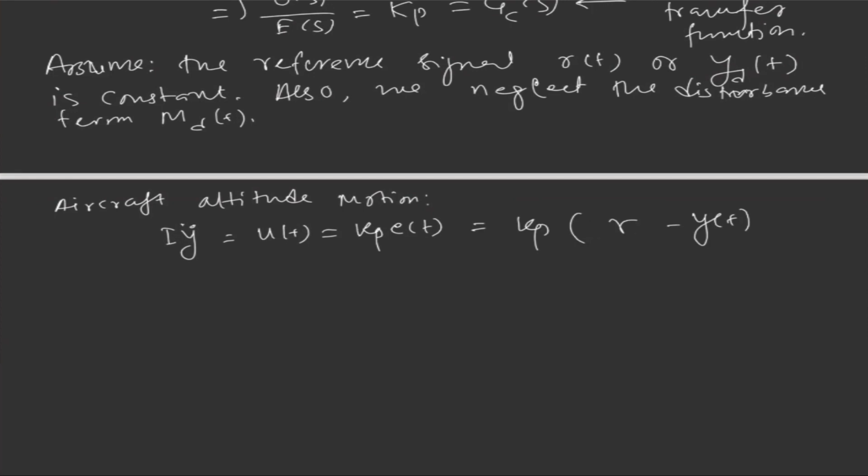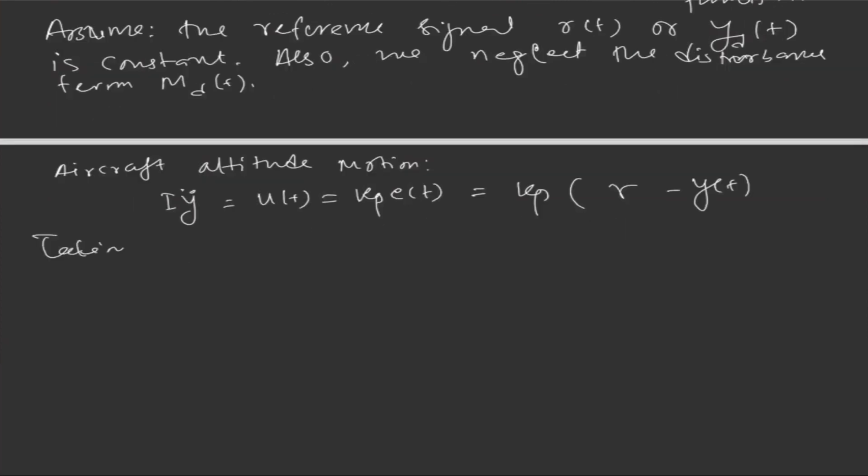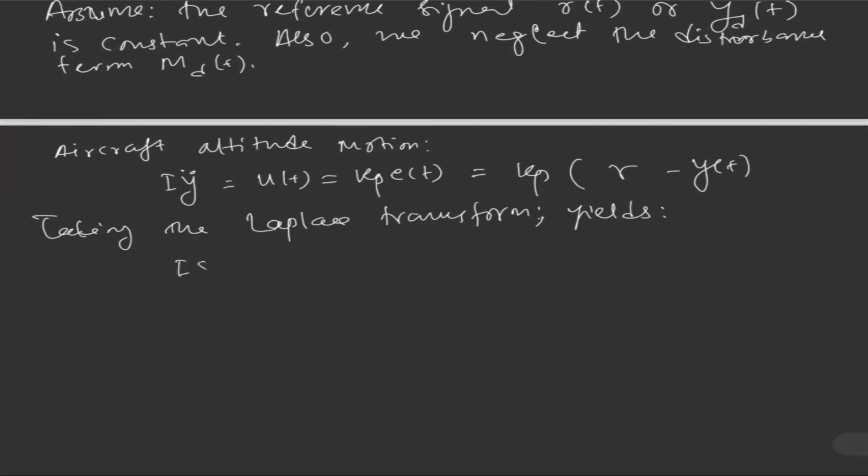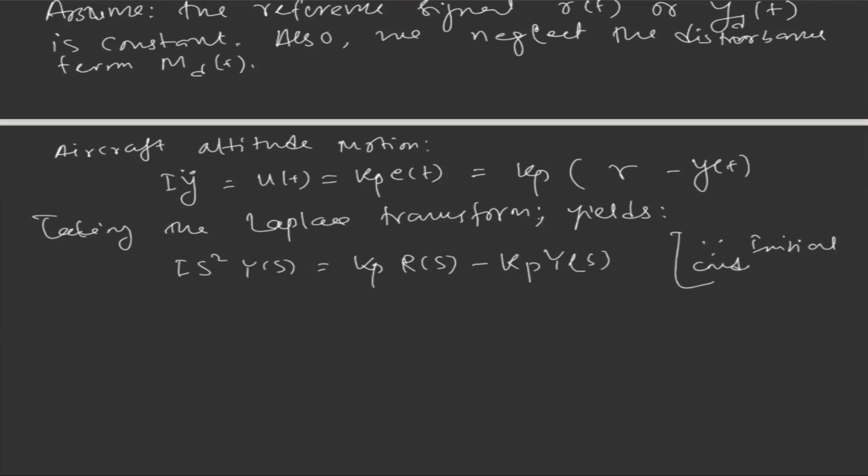Taking the Laplace transform, we can write I s square Y(s) equal to Kp R(s) minus Kp Y(s). Here we have assumed the initial conditions are 0.